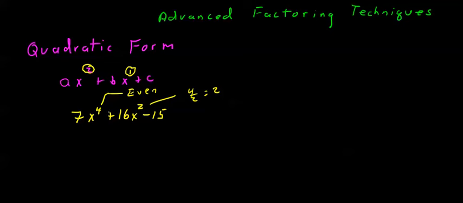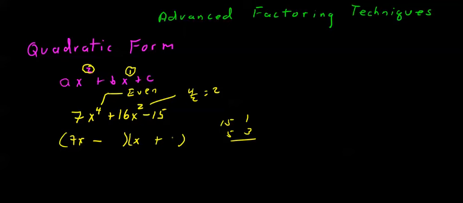As long as that's true, we can factor it like we always have. 7x, x, and my choices are 15 and 1, and 5 and 3. Because it's negative 15, we need a minus and a plus.